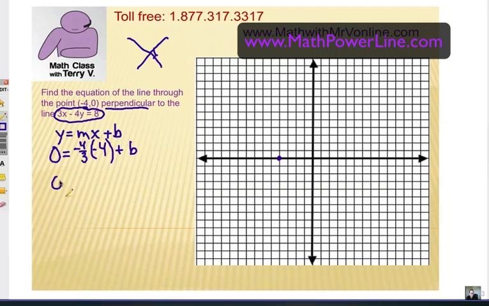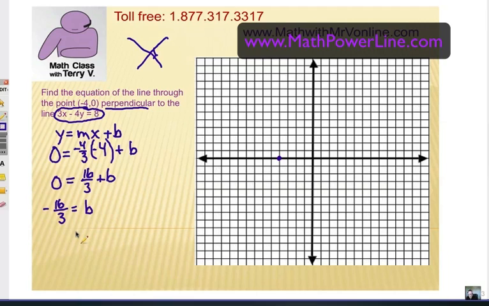So we would have 0 equals, notice how this would be negative 4/3 times negative 4. That would be positive 16/3. And if I subtract that, I would get negative 16/3 equals b.